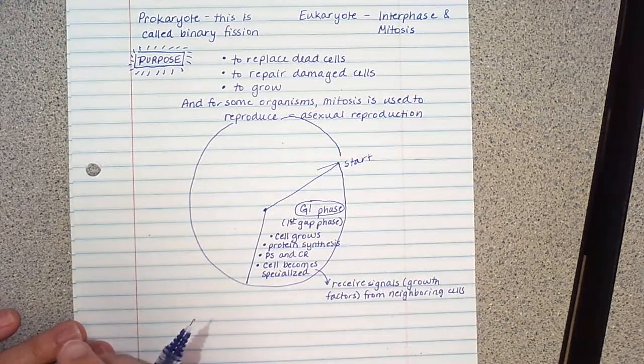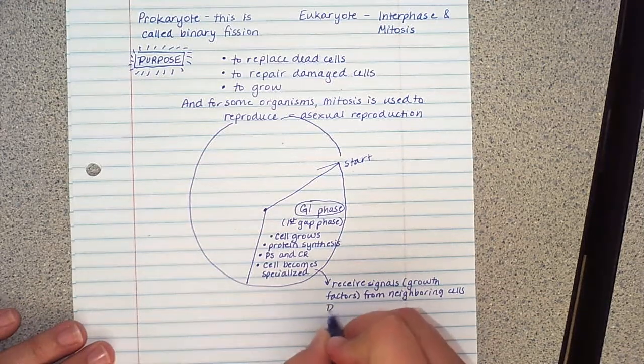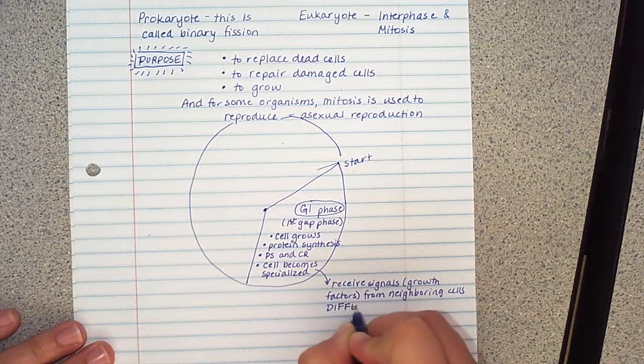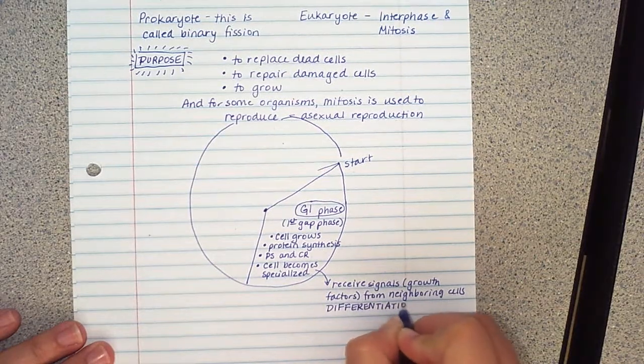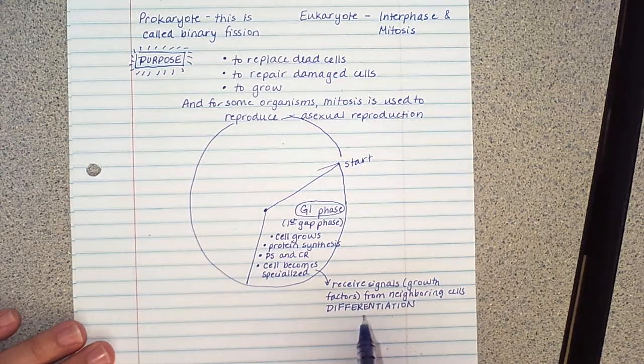And those growth factors are chemicals that are telling the cell what kind of cell it needs to become. Does it need to become a heart cell, a skin cell, a red blood cell, a brain cell, a nerve cell? And so this process is called differentiation. And in differentiation, it's literally becoming different.